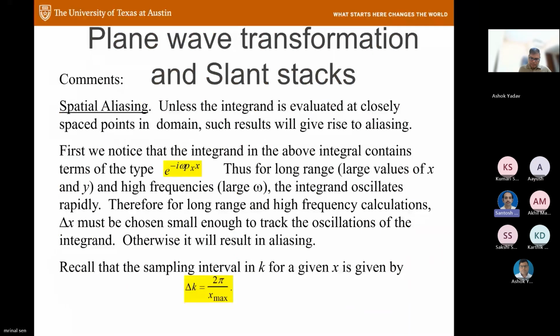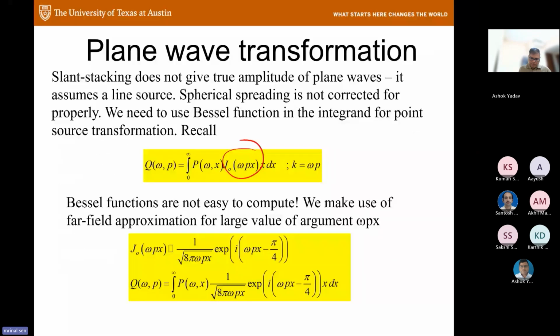Yes, it will be, because if you just use a simple tau-p transform, then it assumes a line source, right? There are three different ways. We just showed you simple slant stack. It basically does not give you the true amplitude if you go back and forth.